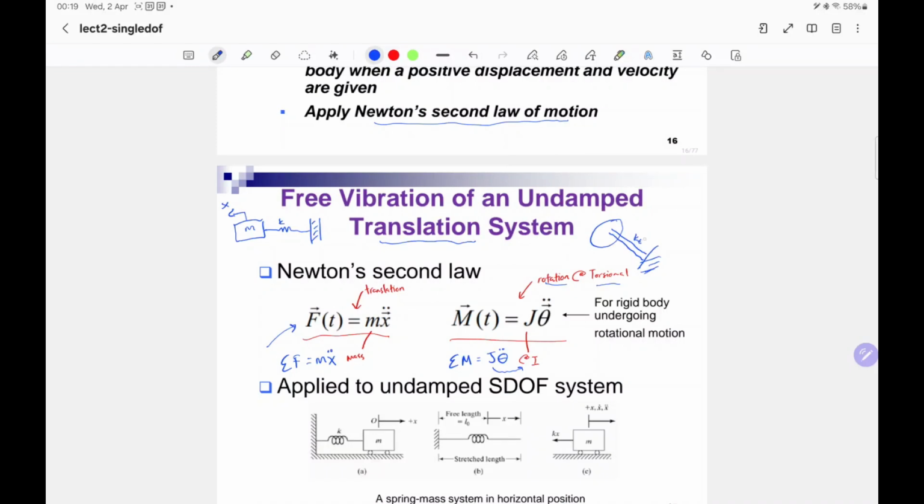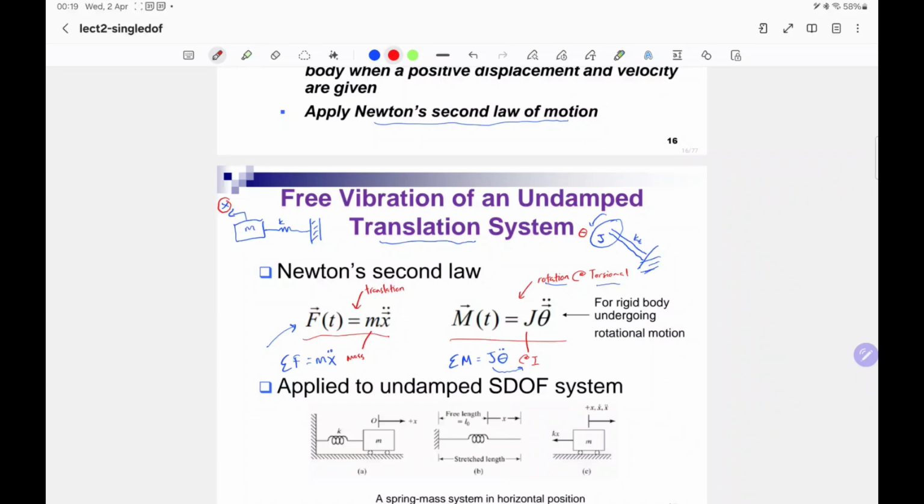So this is K_T, torsional stiffness, and this is J, which is the second moment of inertia. And if translation system, we use x. For torsional system, we use theta to represent the coordinate.